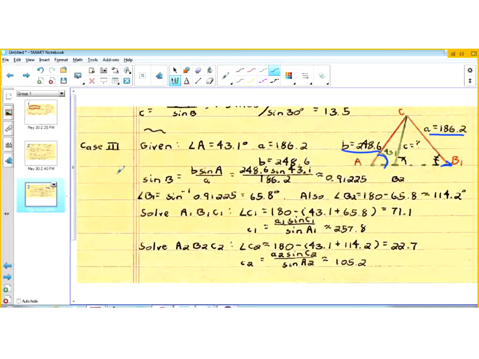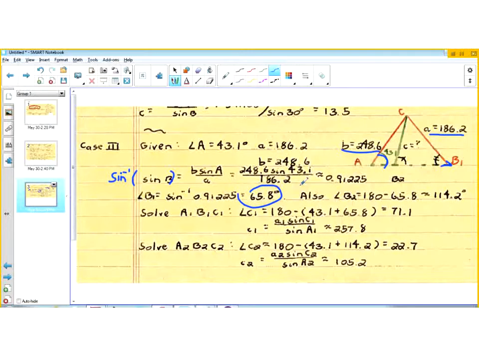If we take the inverse sine of both sides, assuming we can, although it's strange because the sine function is not one-to-one, but taking a slice of the sine function that's invertible, the measure of angle B1 is the inverse sine of 0.91225, which is 65.8 degrees.